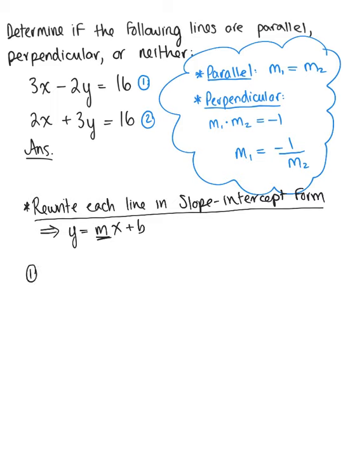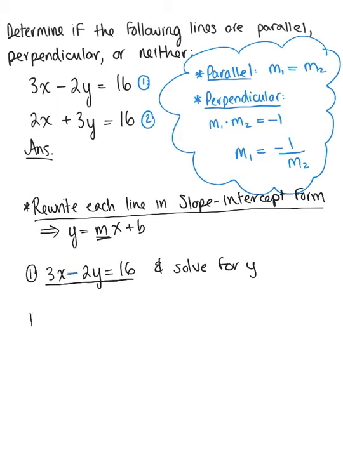Working with the first line, we have 3x minus 2y is equal to 16, and we want to solve for y. Because I'm noticing that this y value is negative, I'm just going to rewrite this in the equivalent form and say that 16 is equal to 3x minus 2y.